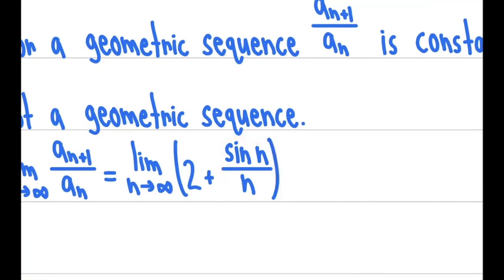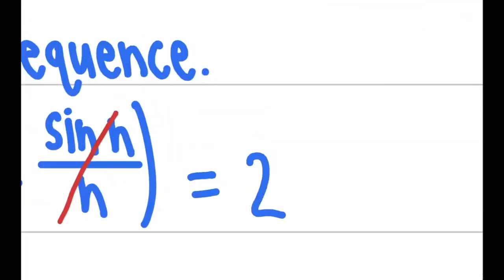Would it just be 0? Good, yeah, because sine of n just oscillates between -1 and 1. But n is going to approach infinity. And when the denominator gets really big, this is going to go down to 0. So the limit is just 2.